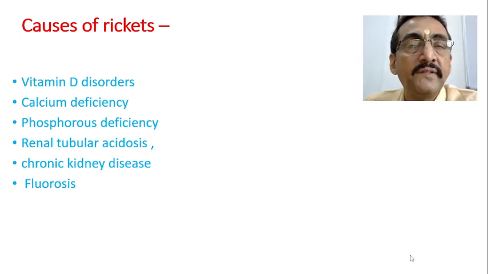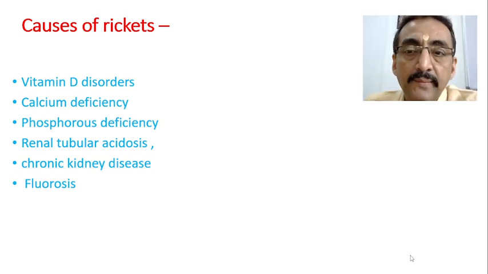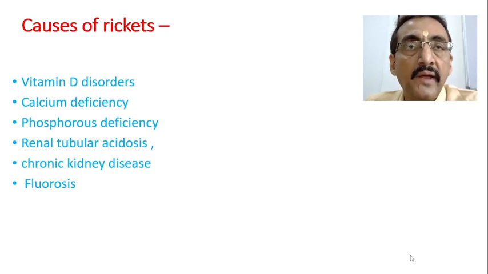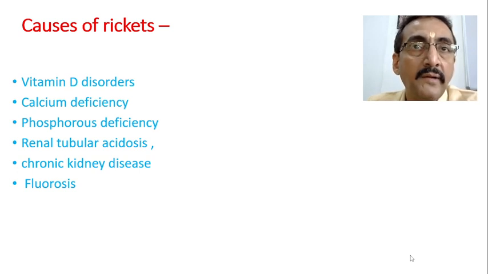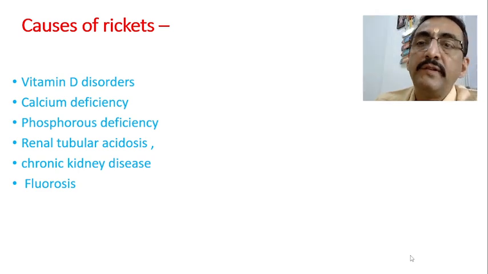Vitamin D deficiency leads to decreased absorption of calcium as well as phosphorus. So this is how the pathology goes, and in the limelight there is always vitamin D. If vitamin D in the active form is available, then there will be no problem related to calcium and phosphorus absorption. So vitamin D deficiency leads to rickets.